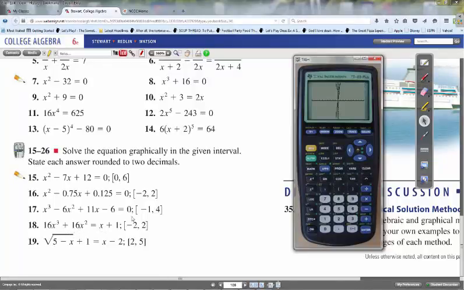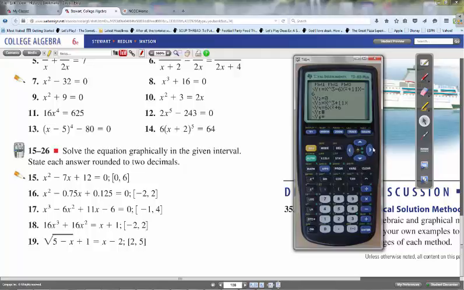16x cubed plus 16x squared equals x plus 1. To do the 0 method, I have to have 0 on a side, so I'd have to move the x plus 1 over to here, or the 16x cubed plus 16x squared over to the right. Well, I don't have to do that to use the intersect method.